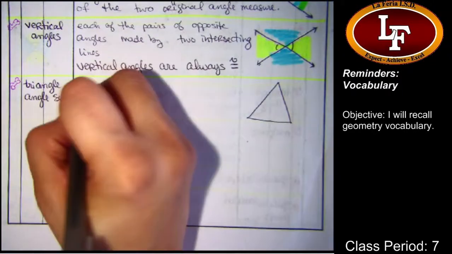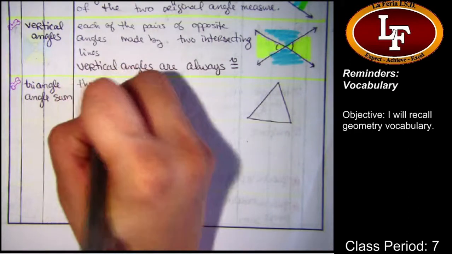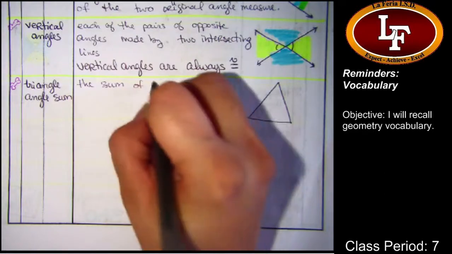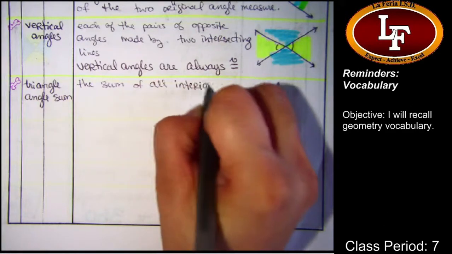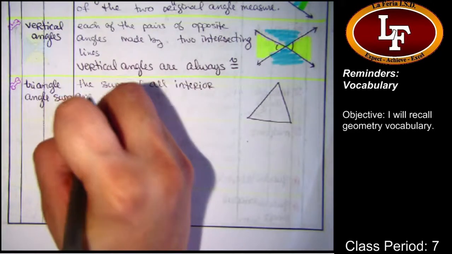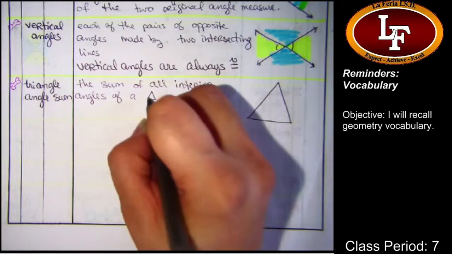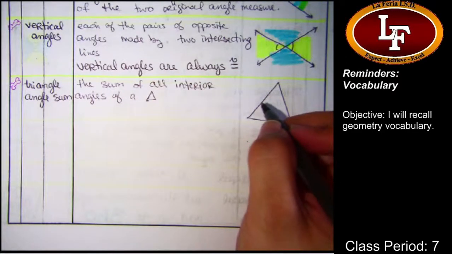All right. So how do I write that? The sum, because we're adding, of all interior angles of a triangle. We have to be really specific. Is it okay if I draw a triangle instead of writing out triangle?